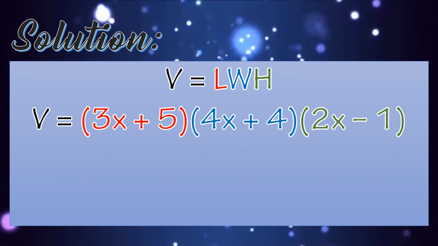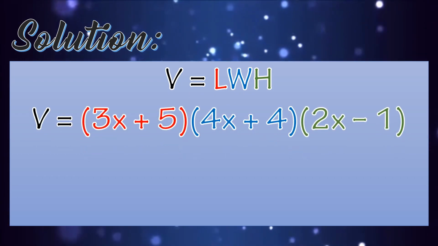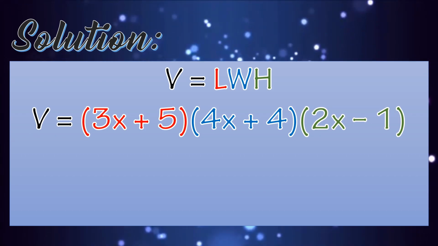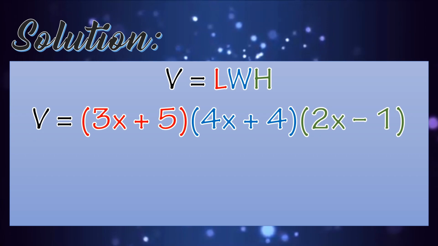Substituting the dimensions given, we will have the quantity of 3x plus 5 times the quantity of 4x plus 4 times the quantity of 2x minus 1.